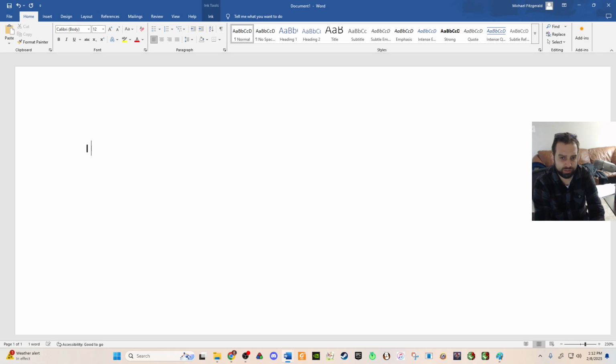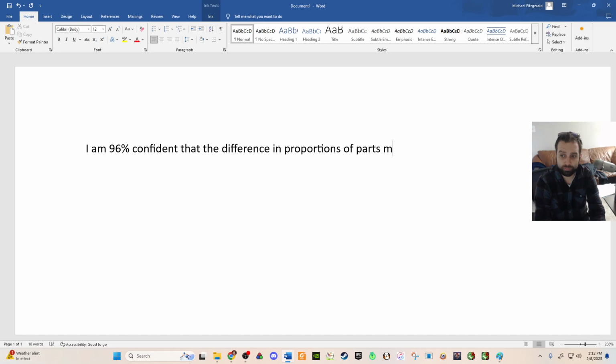I say I am 96% confident that the difference in proportions of parts meeting specification between day and night shift is as follows.